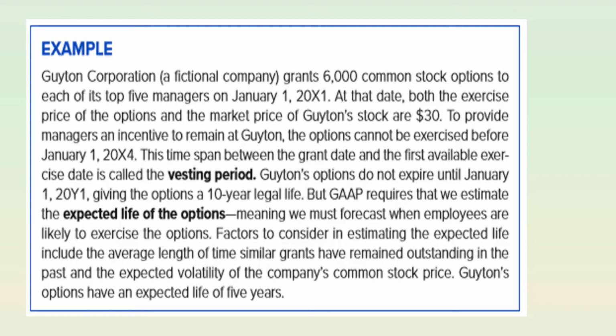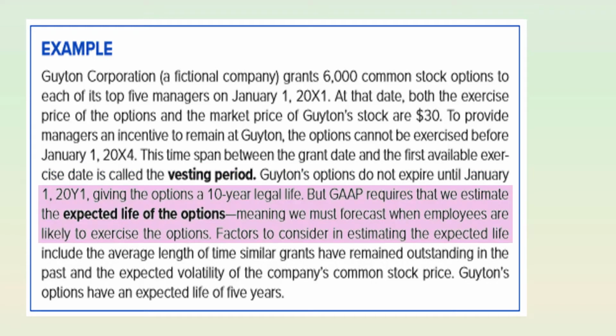This time span between the grant date on January 1st, 20x1 and the first available exercise date, January 1st, 20x4, is called the vesting period. The options do not expire until January 1st, 20y1, giving the options a 10-year legal life.